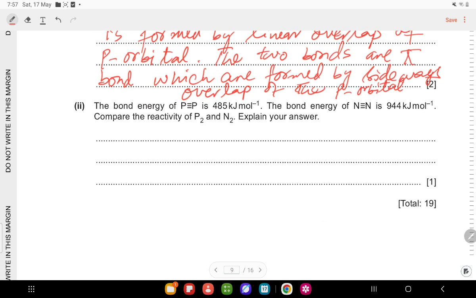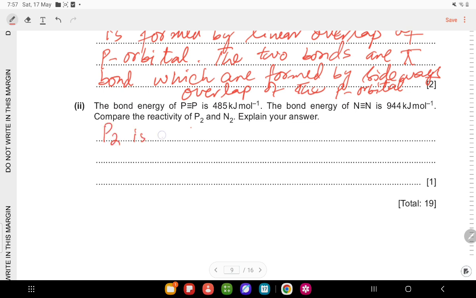The bond energy of the triple bond in P2 is 485 kilojoules per mole. The bond energy of nitrogen is 944 kilojoules per mole. Compare the reactivity of phosphorus and nitrogen. Explain your answer.